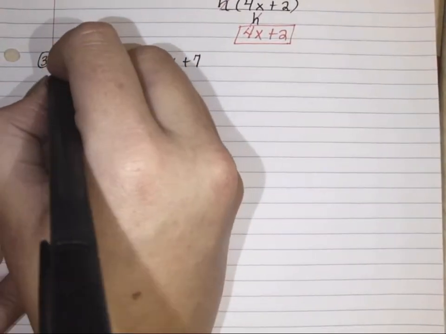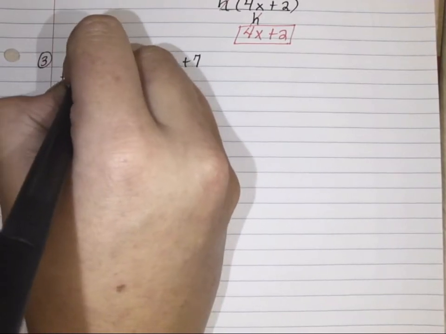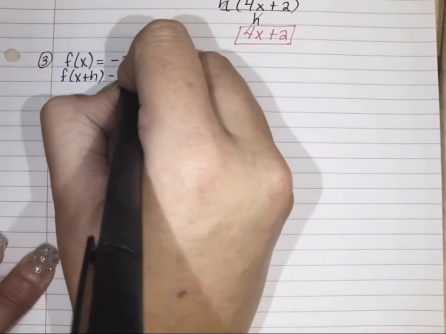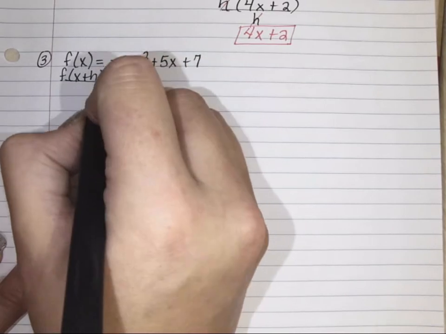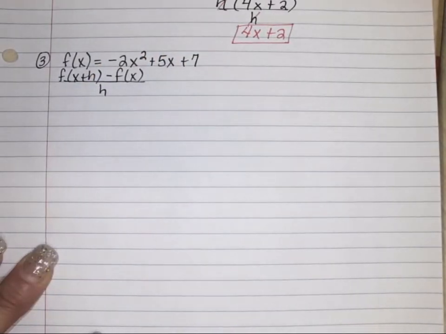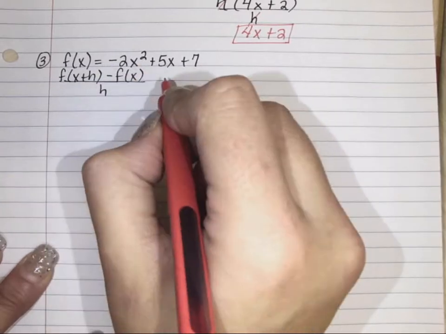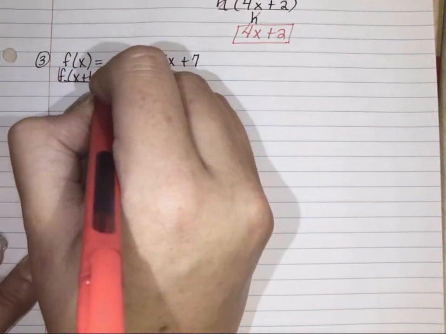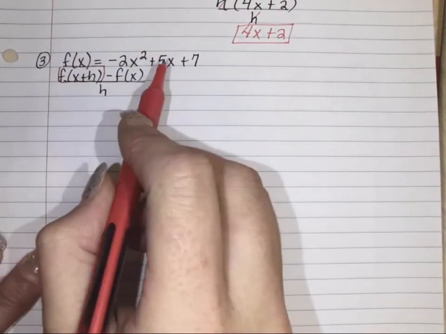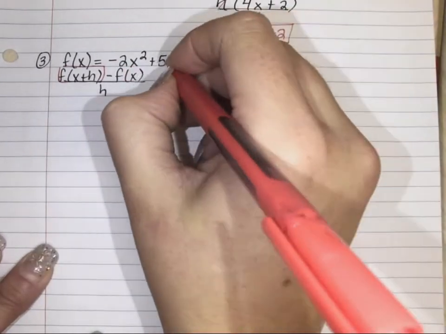All right, once again, here's your formula. So we take and plug the first part in, which says I'll plug x plus h in everywhere you see a variable.